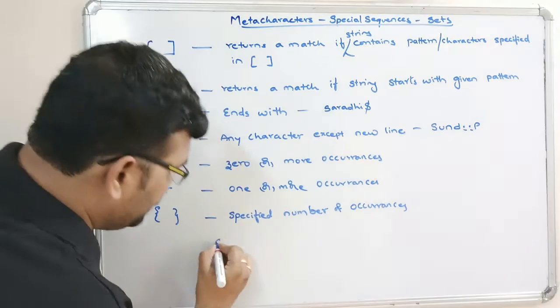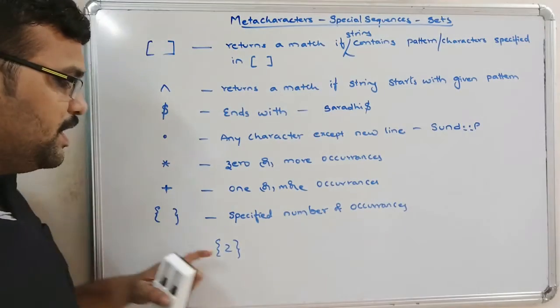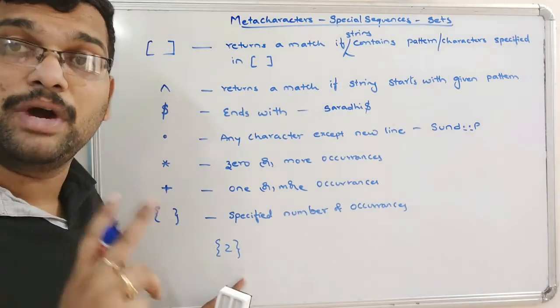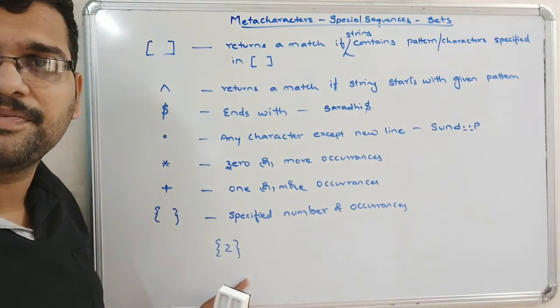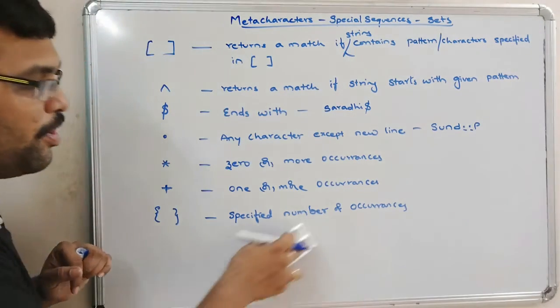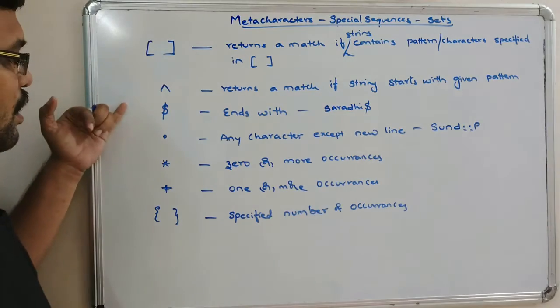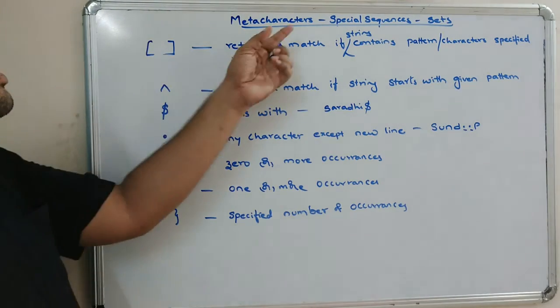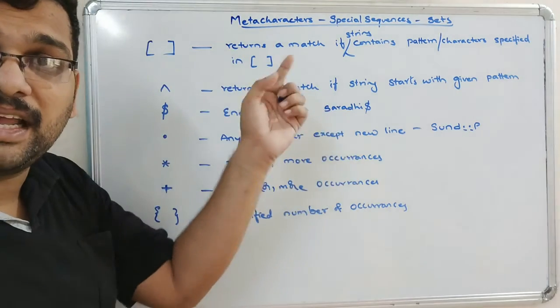If you mention 2 here, it will search whether the given string has exactly 2 occurrences. All these come under meta characters.